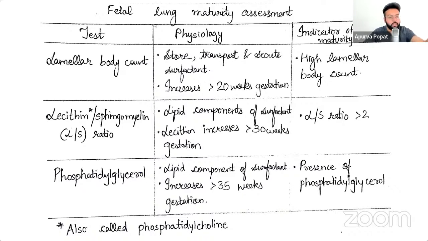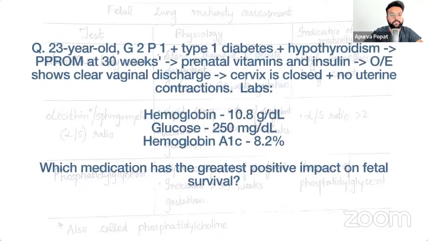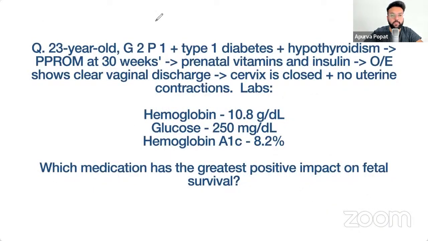If it's high, the baby is ready. Or you can check phosphatidylglycerol. Phosphatidylcholine, phosphatidylglycerol, and lecithin should all be high. Even if only phosphatidylglycerol is high, that means the baby is ready. That's what I wanted to tell you. These are handwritings of Vishwa Patel. All right, next question.